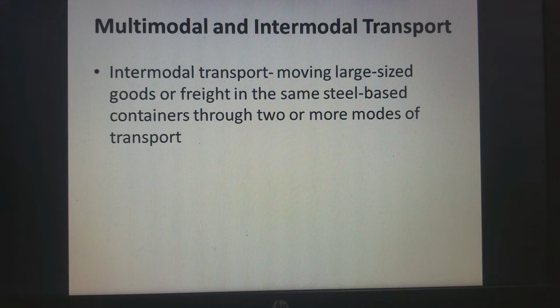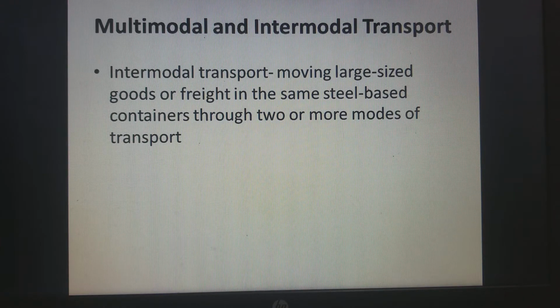The freight is moved from one mode to another, but the goods are not disturbed. So that's why we're told about intermodal: moving large size goods or freight in the same steel-based container through two or more modes.